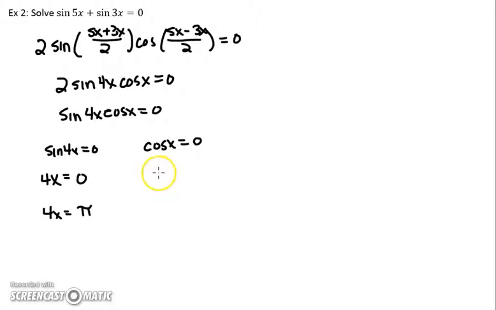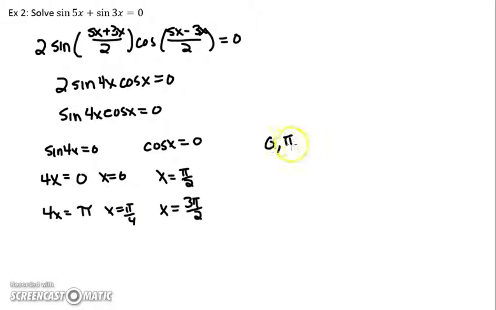Cosine is 0 when x equals pi over 2, and when x equals 3 pi over 2. Solving this one, we're just going to get x equals 0, and here we're going to get x equals pi over 4. So our answers would be 0, pi over 4, pi over 2, and 3 pi over 2.